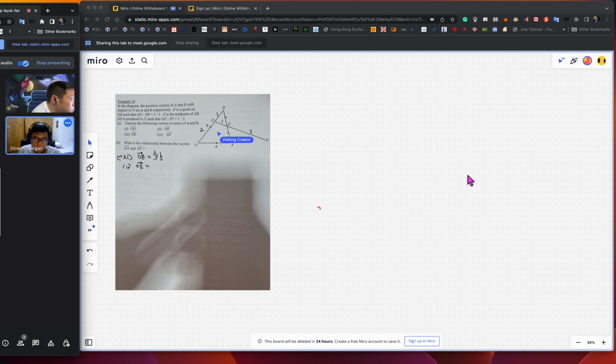So AB is equal to, is it negative OA plus? Now can you write down AB first? You can write the AB on the right hand side. When I ask you to write down AB, it's not like equal.